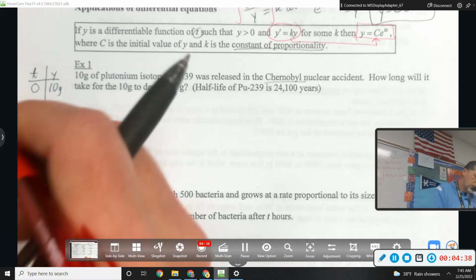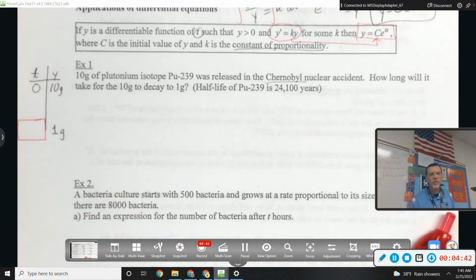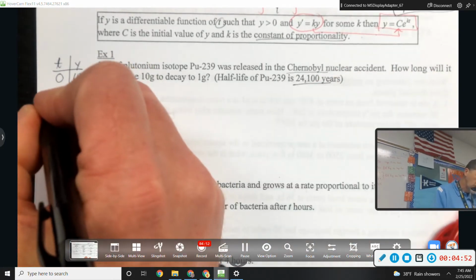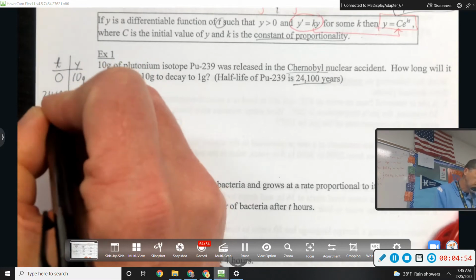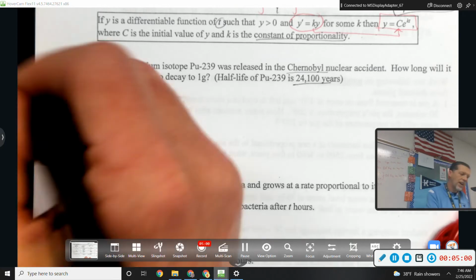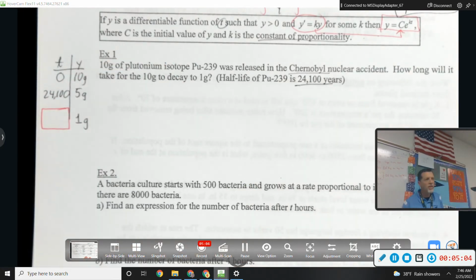So the answer to our question is whatever time that matches up with that. The half-life is 24,100 years. So I think that's useful, because after 24,100 years, how much will be left? 5. Okay, so we got 2 points that we know and 1 that we're looking for.